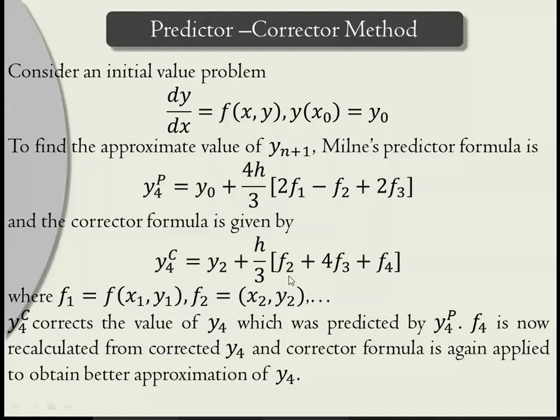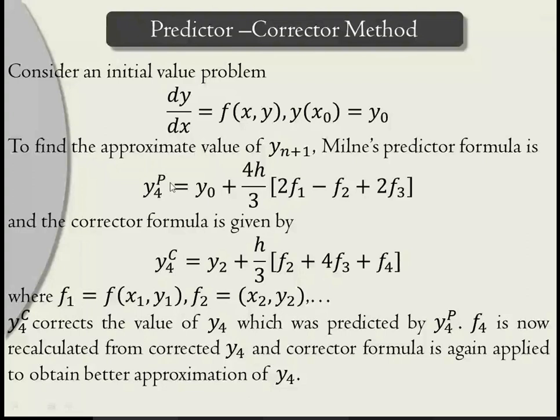And f4 is nothing but f of x4, y4, for which we use the y4 we got from the predicted value, because y4 is not given in the problem. y4 is what we want to find; the problem is asking for the value of y at x4. So the predicted value is used to find a corrected value.